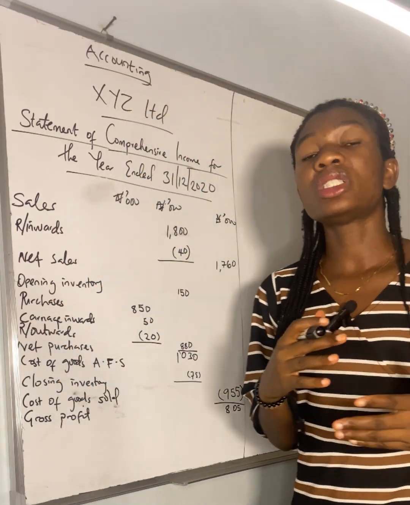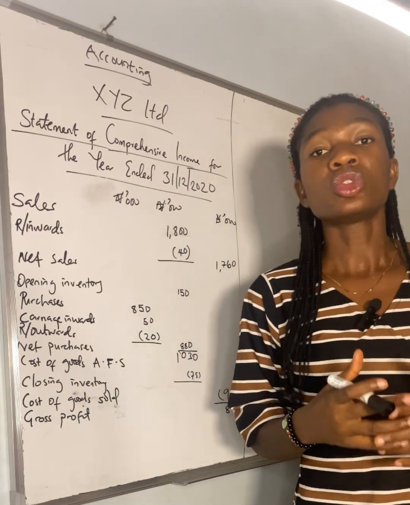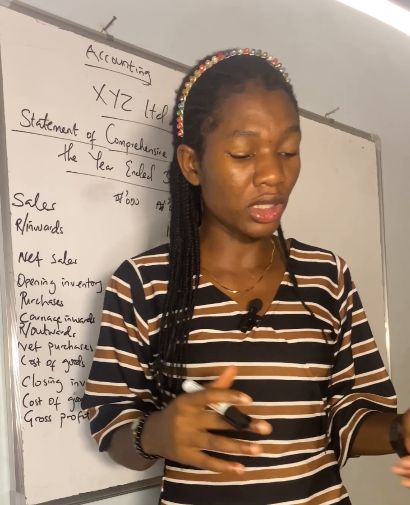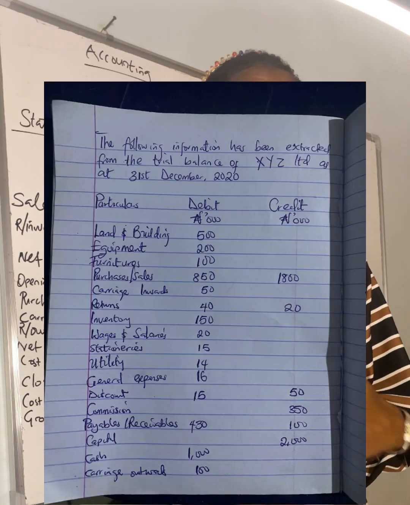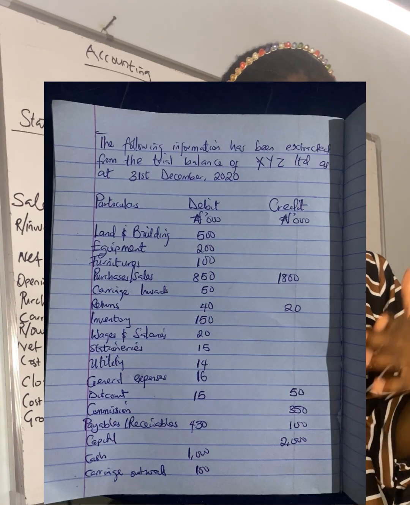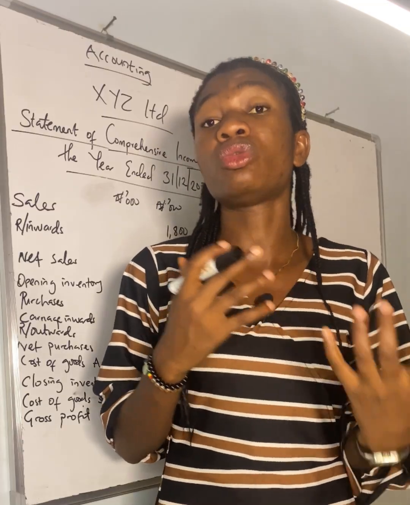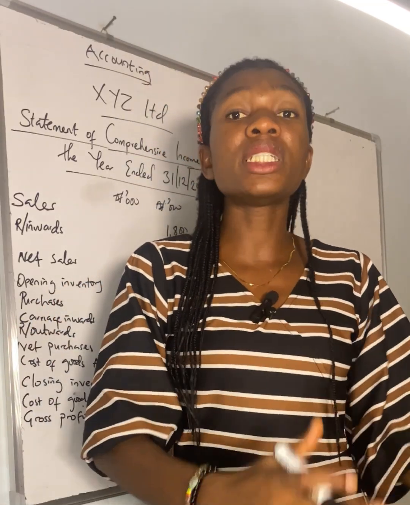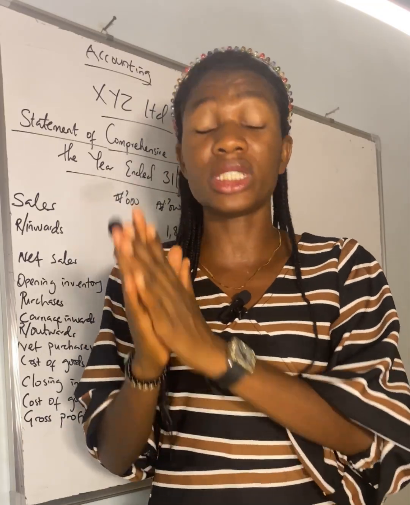So the next one we're going to do is that we'll add other incomes and then we'll deduct other expenses, all right? So the other incomes we have here as given in the question, we have discount received, okay? Incomes will always be on the credit side, like I said. So discount received is here, and then we have commission on the credit side, even though it was not stated whether it was received or paid, but it was recorded on the credit side, okay?